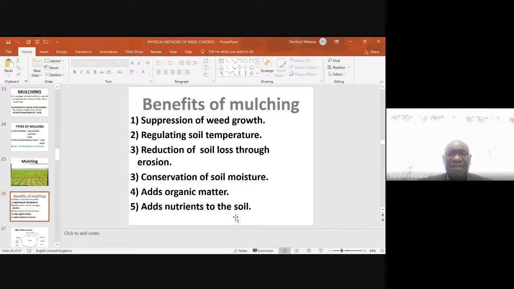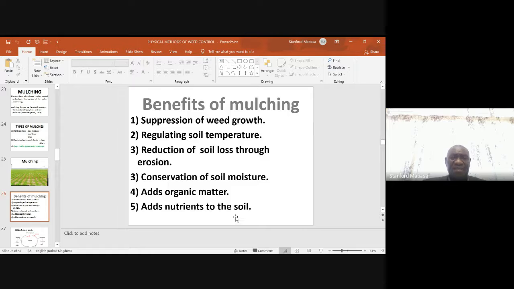What are the benefits of mulching? Number one, it's the suppression of weed growth. Number two, regulating soil temperature. Three, reduction of soil loss through erosion, conservation of soil moisture.